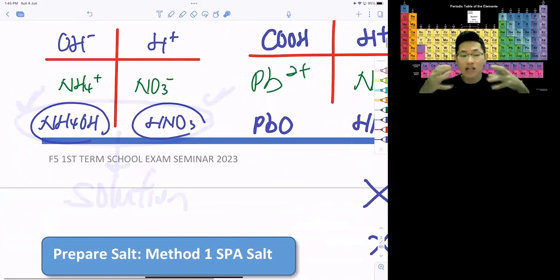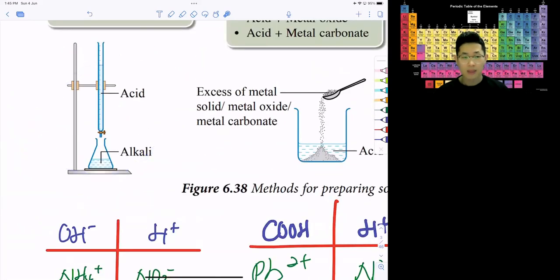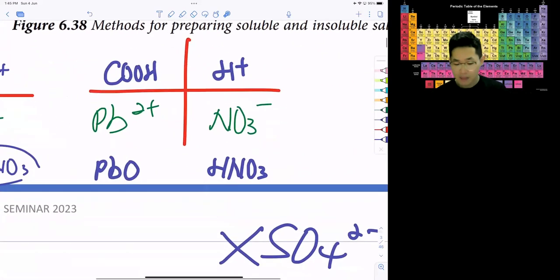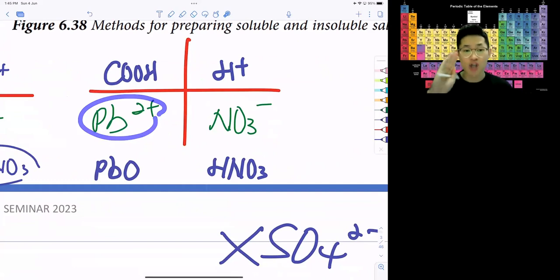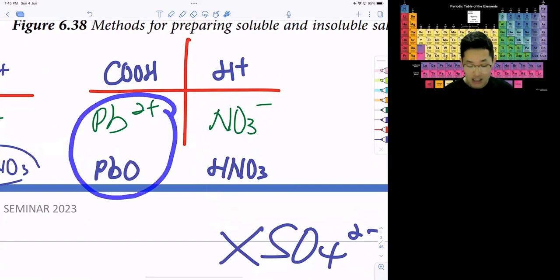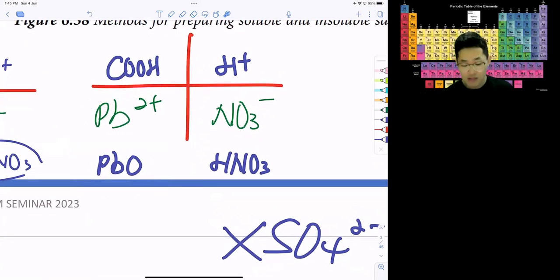They are solution, they are liquid, so we can use titration. But when it comes to soluble non-spar, when the first ion is not spar, no sodium, no potassium, no ammonium, the reactant here is insoluble without pairing with spar.